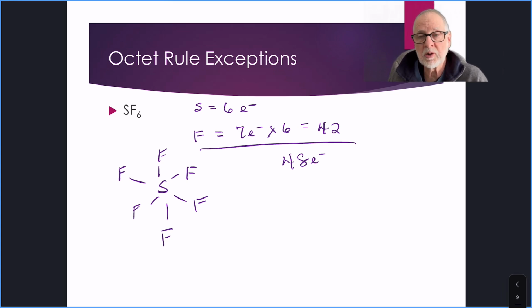And what does that mean? Well, we've got 6 fluorines and we've got 6 bonds, so we've used up 12 of our 48. Now we have 36 electrons remaining. And so let's go ahead now. With just simple arithmetic, we can see that if we satisfy the octet rule for each of the fluorines by adding 6 additional electrons to each of the fluorines, then that's going to use up all 36 remaining electrons.